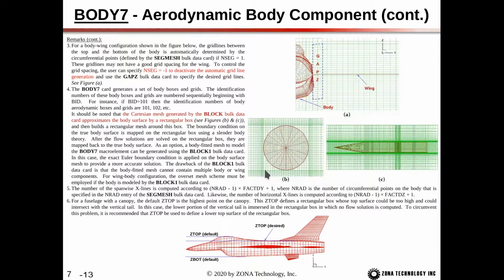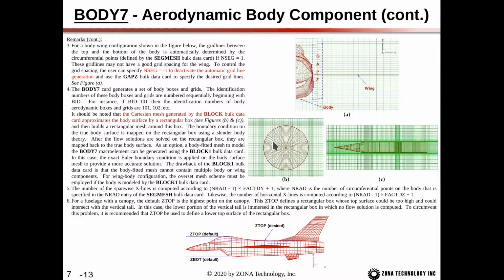So if we were to count these grids, we should get 21. So 1, 2, 3, and so on up to 20. Okay, so instead of 21, we've got 20. And then the same thing here, we'll have 20 grids in this direction.